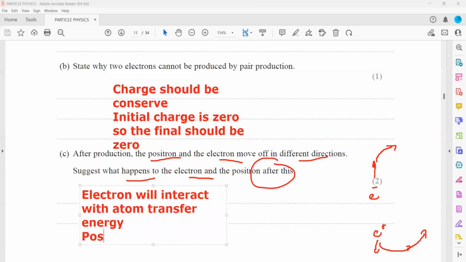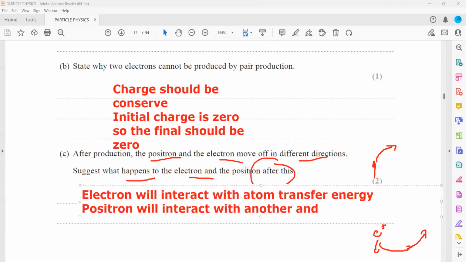The second, what will happen to the positron? The positron will interact with another electron and annihilate. So annihilation is a possibility that can occur.